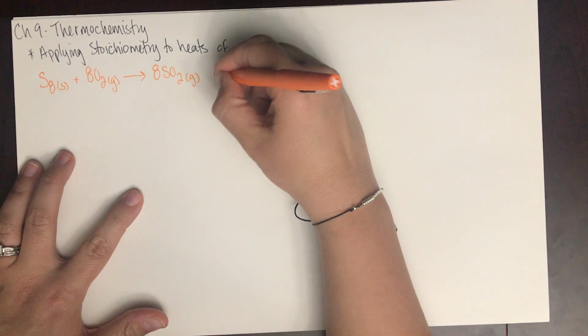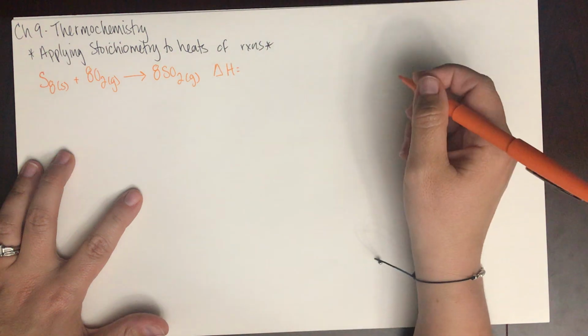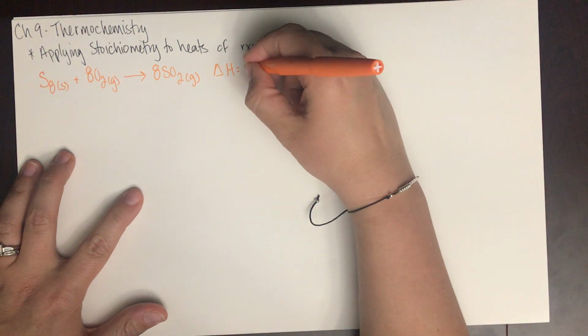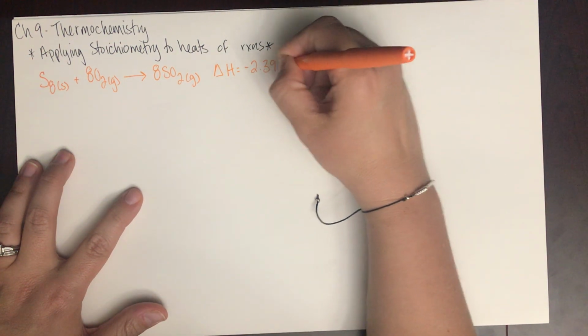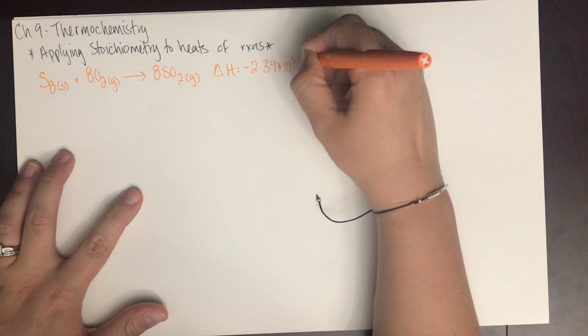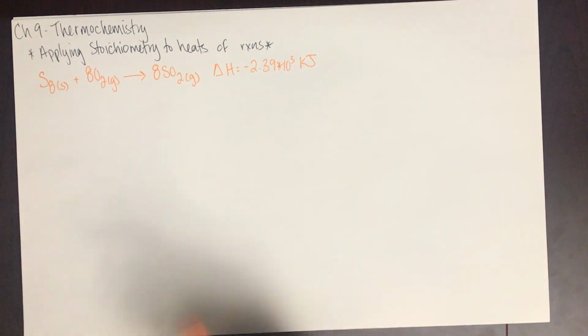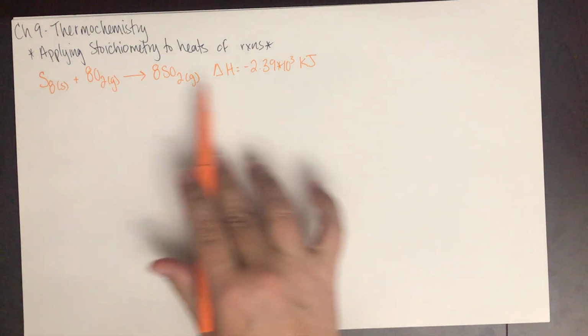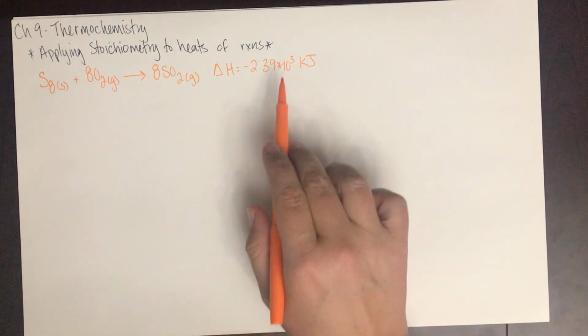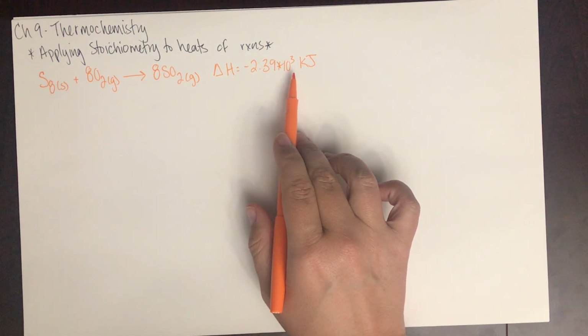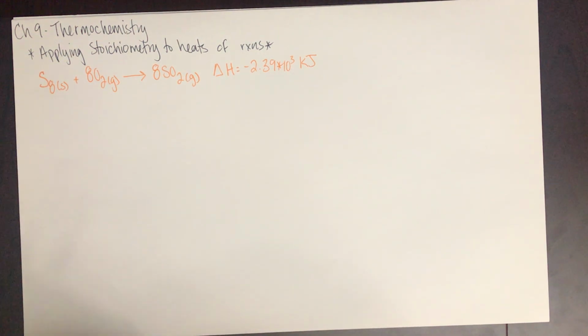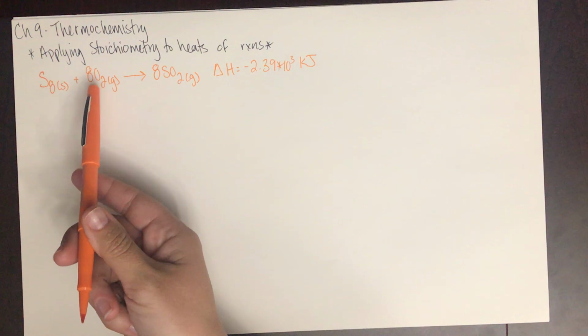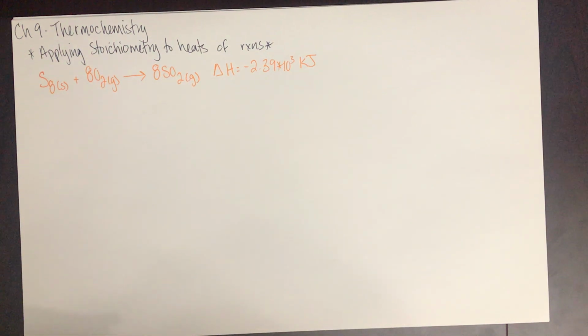And we said that the enthalpy change for this reaction was negative 2.39 times 10 to the third kilojoules. So this is a thermochemical equation. This amount of heat is evolved or given off when this reaction takes place: 1 mole of sulfur, 8 moles of oxygen, 8 moles of sulfur dioxide.